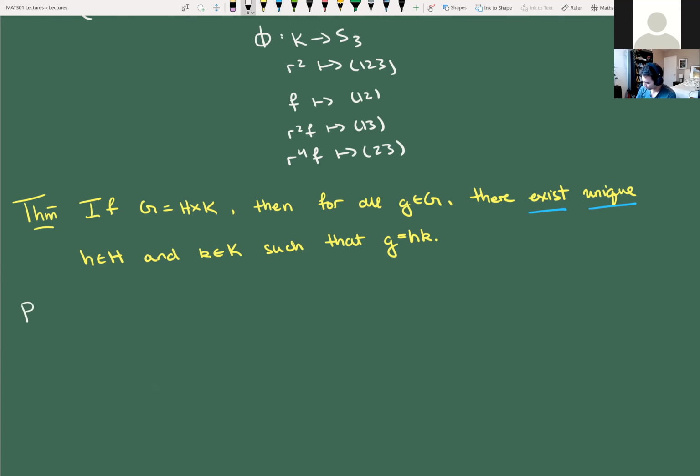So, proof. Well, at least the existence is really easy. The uniqueness is a little bit more work, but not that much more. So existence just follows because G is equal to HK.